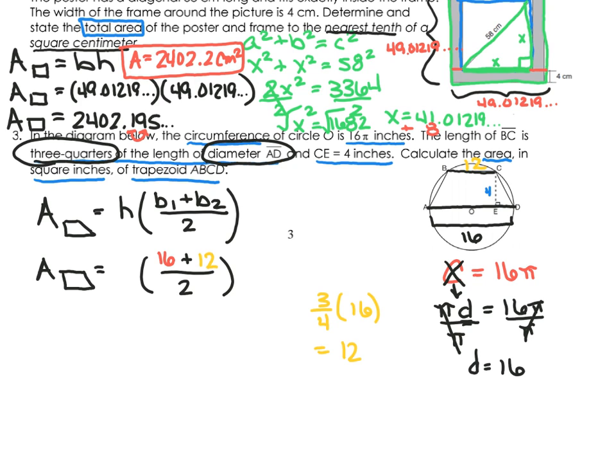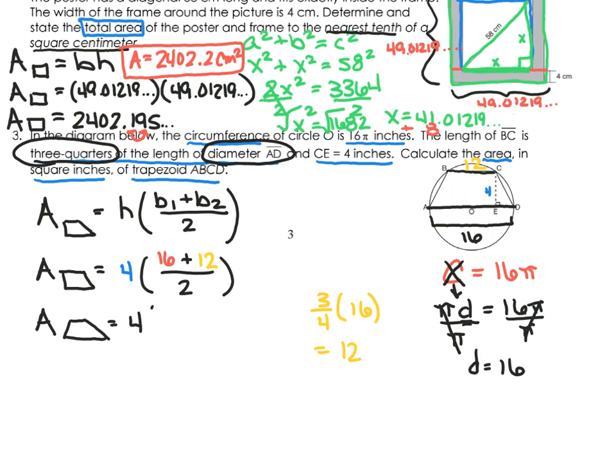Okay. And remember how they gave us CE being 4? That is our height. And so that can go in for our height of our trapezoid. And I think we used all the information in there. We have our formula for area filled in, and we're ready to go ahead and calculate. Okay, we got to clean that fraction up first. So we're going to go ahead and combine the top. All right, so that we get our trapezoid formula.